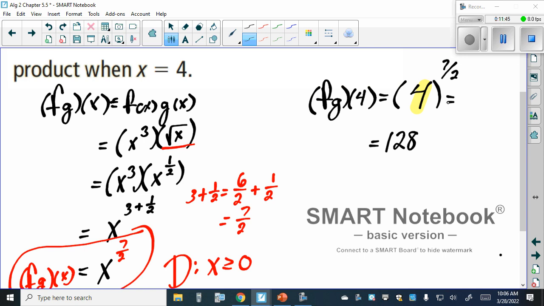Now again, the 2 in the denominator is really saying we're taking the square root of 4, which is 2, to the 7th, which is 128. Questions on this here?